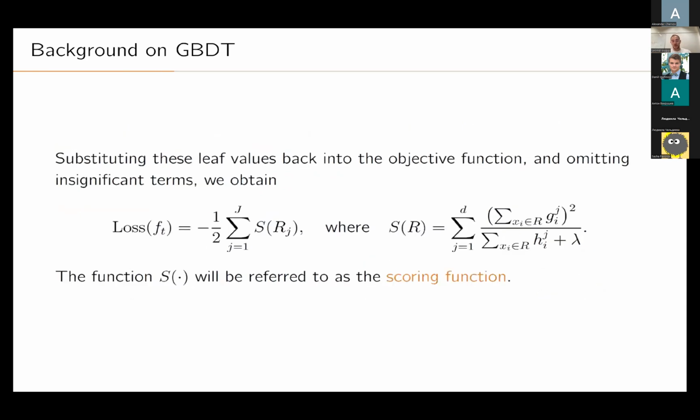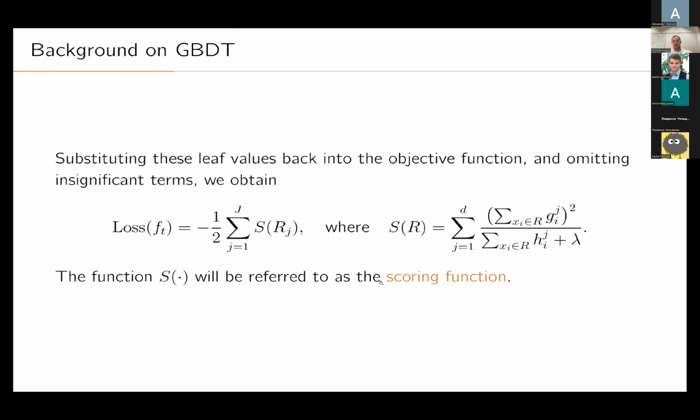Okay, so then if we plug all these solutions back into our loss function, we'll obtain something like this. We'll have just a constant -1/2 multiplied by the sum of some functions which we compute at every leaf of our tree.